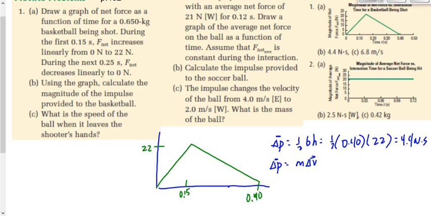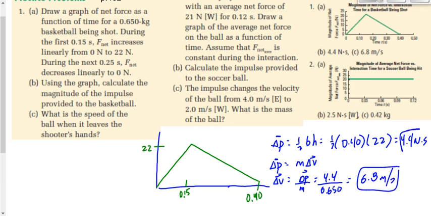M times delta V. We're going to solve for delta V here. Delta P over M. So it ends up being equal to 4.4 divided by the mass here of 0.650. And that should work out to be 6.8 meters per second. Now that's the change in velocity. We're actually looking for the final velocity, but before it left his hands, it was 0 meters per second. It started at rest. So the change in velocity will be the same as VF.